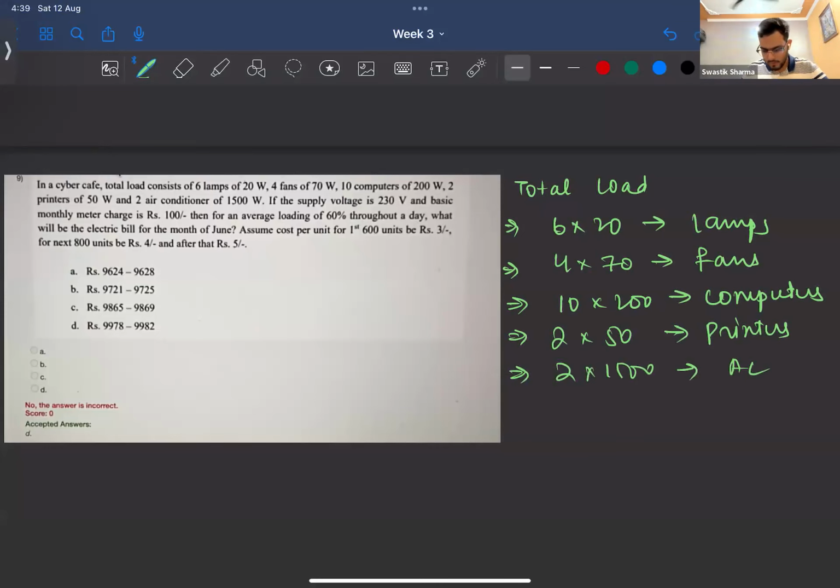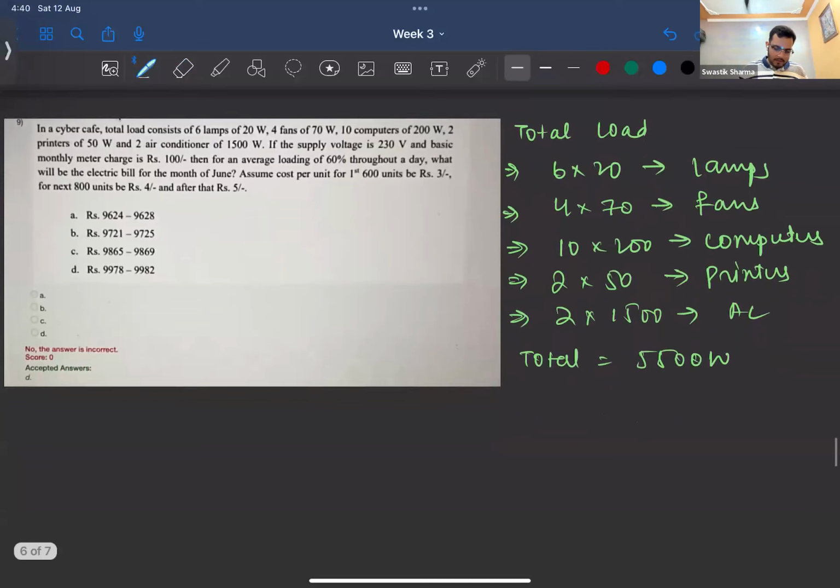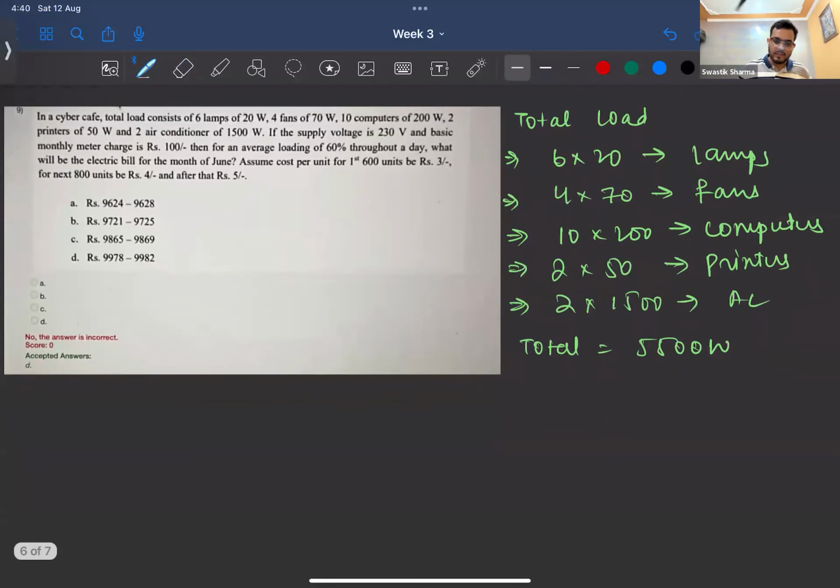So Gauri, can you tell me what's the total load if you add all of it? Yeah. So total load is 5500. I'm going by what you are writing, I haven't calculated. So 5500 watt, right? Now it's saying that for an average period, it's working 60%, right?